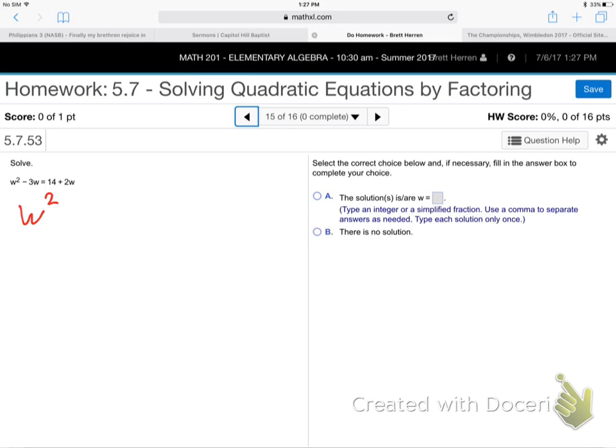Don't have two. Number 15. So w squared minus 3w is 14 plus 2w. Okay. So you do the first step. What's the first step when you see x squared, or w squared, with an equal sign?